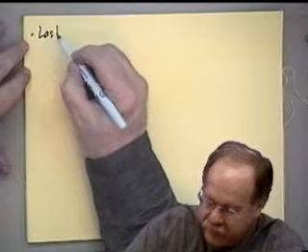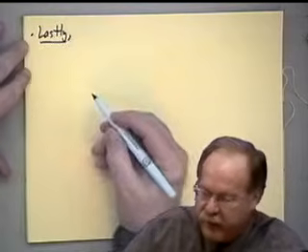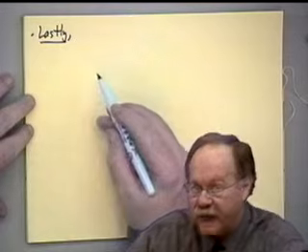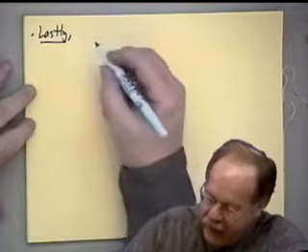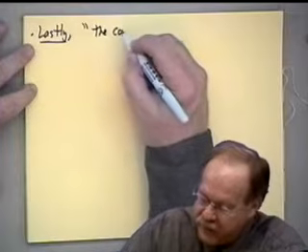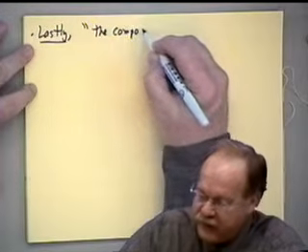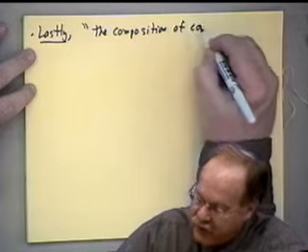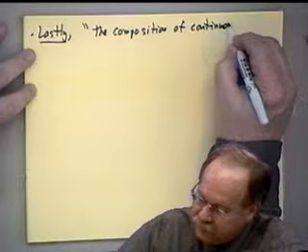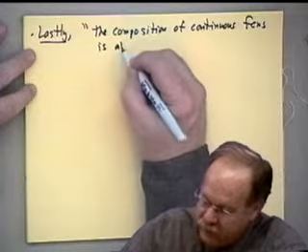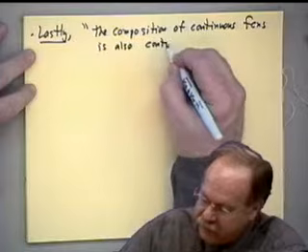Finally, in this section, lastly, I did mention before that there was an operation that we hadn't looked at for functions, the operation of composition of two functions. And the fact about composition is, and it's a nice colloquial way of saying this, the composition of continuous functions is also continuous.